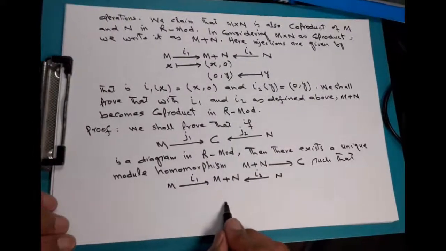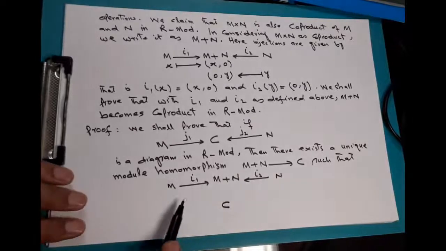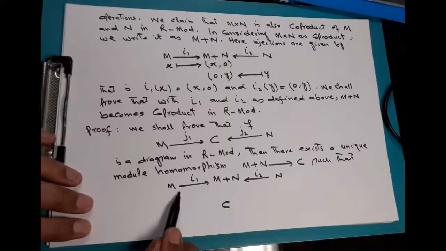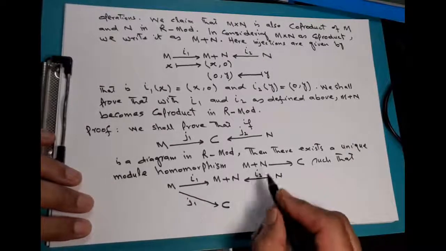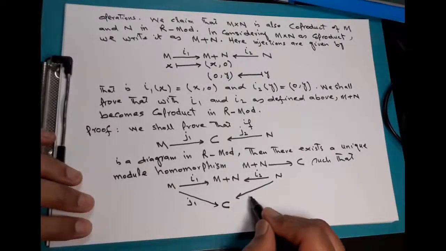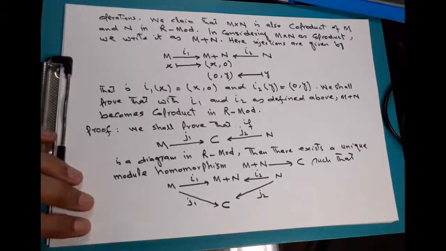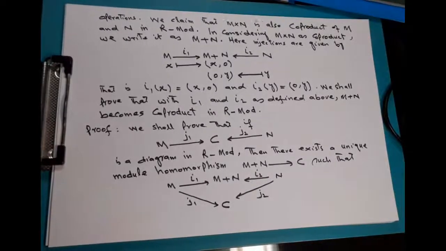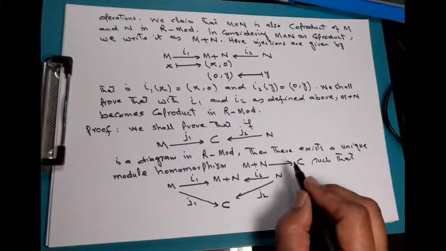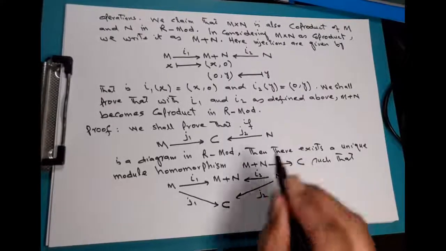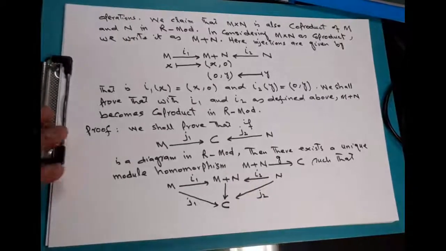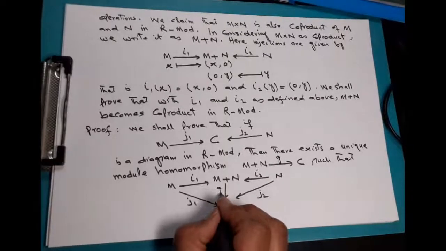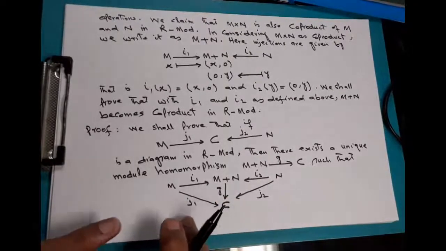And if there is a diagram C and we have maps from M to C, and this is map J1, and N to C, and this is map J2, then there exists a unique homomorphism from M plus N into C. Let's call it G, such that this diagram commutes.